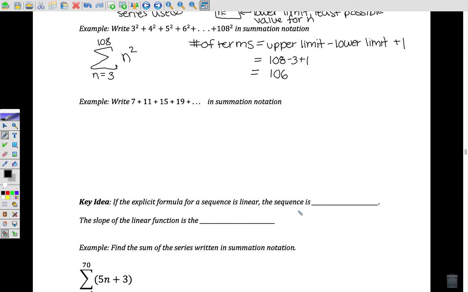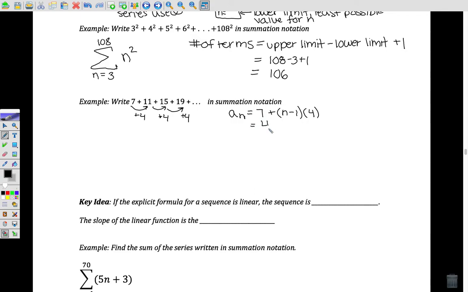In this next example, this one is arithmetic because you see we have a common difference of 4. So the first thing we're going to do is write the explicit formula using the formula we used last time. So the first term plus n minus 1 times the common difference.